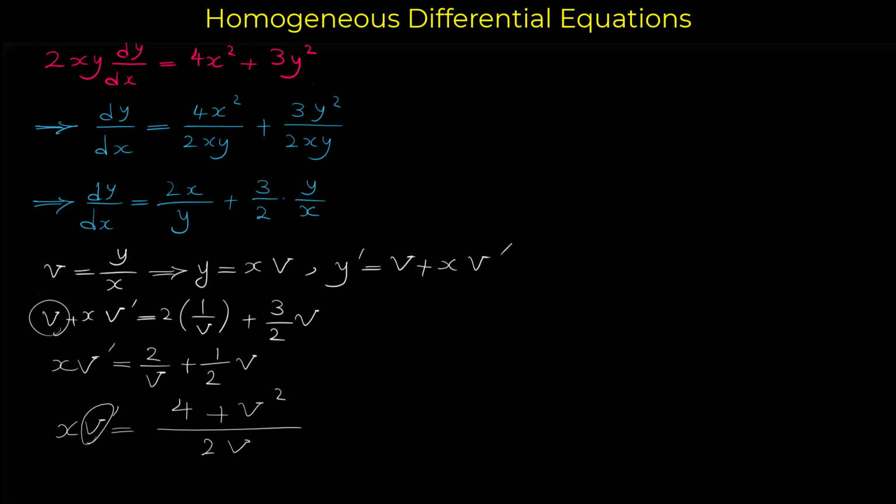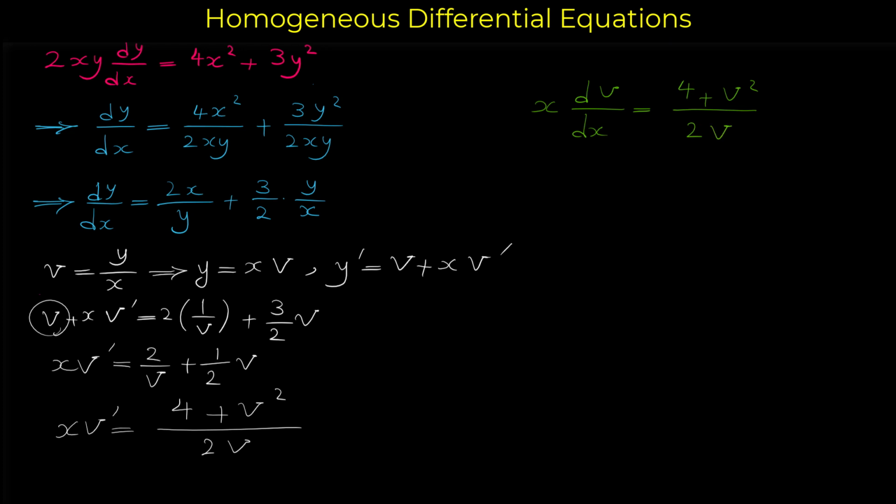Now if we replace this v prime here with dv over dx to separate v from x, let me change the color. So we have x times dv over dx equals to 4 plus v squared over 2v.